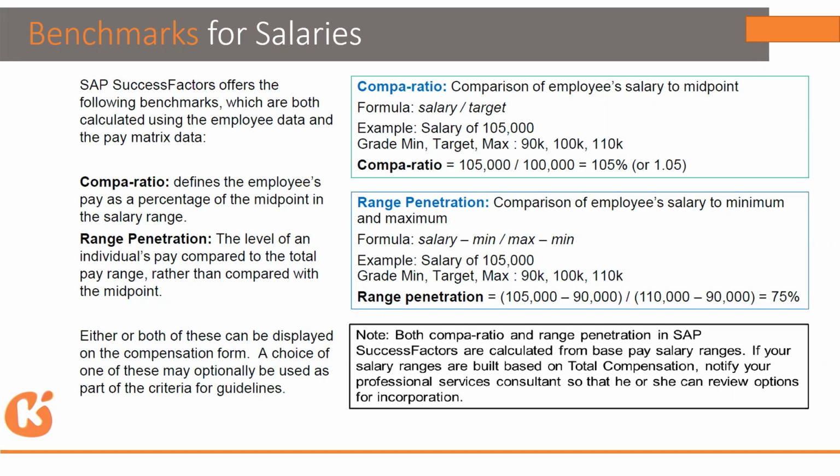Then you have range penetration. What is range penetration? As I said, comp ratio is done on 200%, and range penetration is done on 100%.